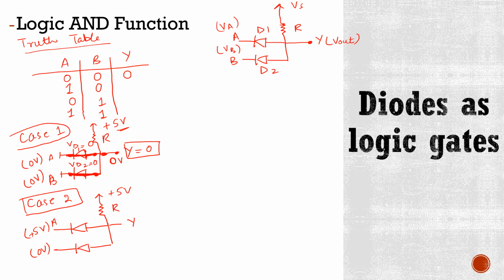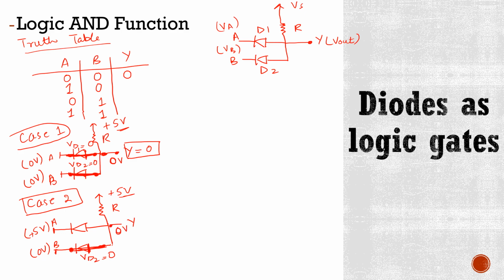This is A and this is B. Now first look at terminal B. Again here this positive voltage is applied to this positive terminal of diode. It means now this diode is in forward biased condition. Here VD2 is 0. Okay, now this point is maintained at 0 volts.